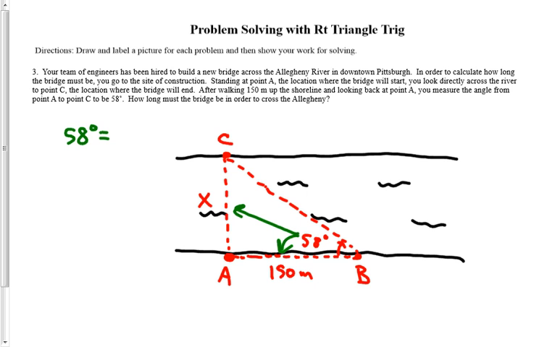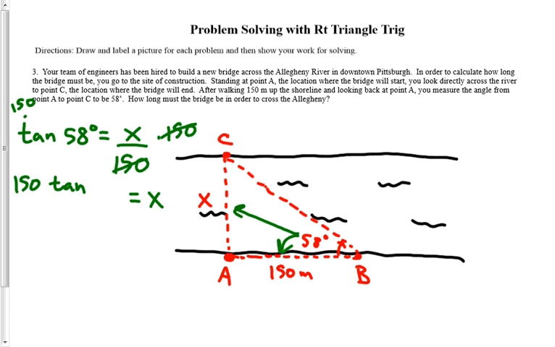Not sure what I was thinking there. Tangent of 58 degrees equals opposite side x over adjacent side 150. And now I have to solve for x. So I'm going to multiply by 150 on both sides of this. These cancel out, leaving me with x equals 150 times the tangent of 58 degrees.